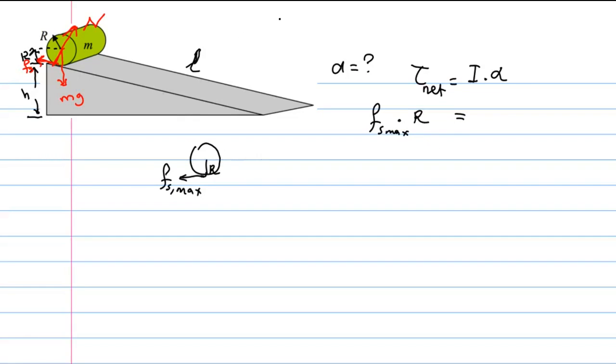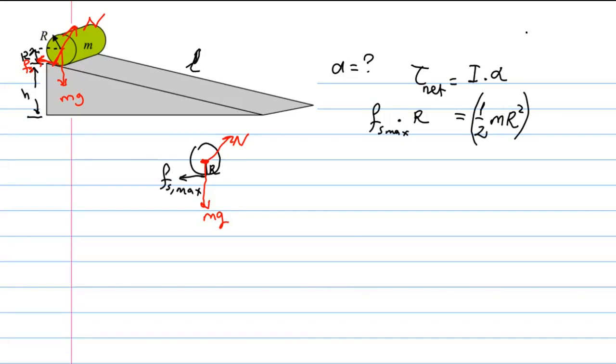When we look at the other forces, notice mg is passing through the rotational axis, so the torque is 0. And again, the normal force is passing through the rotational axis, so also 0. So the net torque is Fs maximum times r. The moment of inertia I, recall we wrote 1/2 mr squared, and alpha is the angular acceleration.